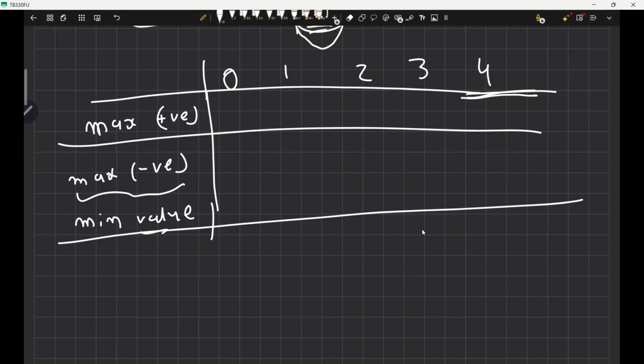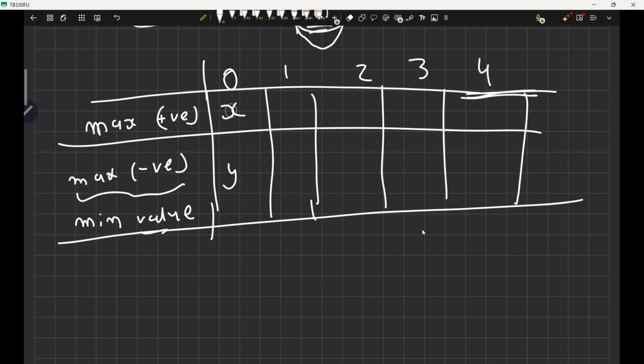Again, let's say you have these two values, x and y. Now how is our transition going to look? How am I going to get the maximum value, which is the maximum subarray ending at this position?